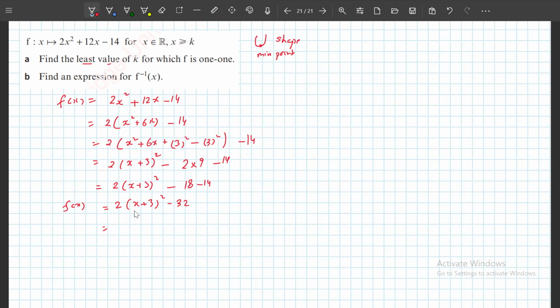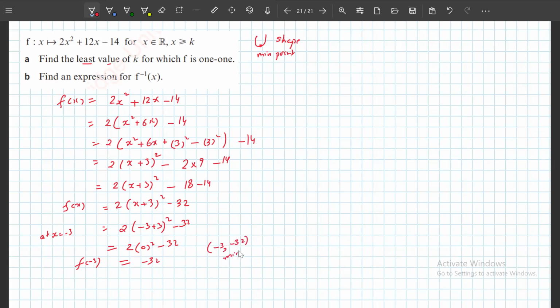If you think carefully, at x equal to -3, we have 2(-3 + 3) whole squared - 32, that means 2 into 0 squared - 32. So I'm getting -32 for x = -3. It means my minimum point is when x is -3, the y value is -32.